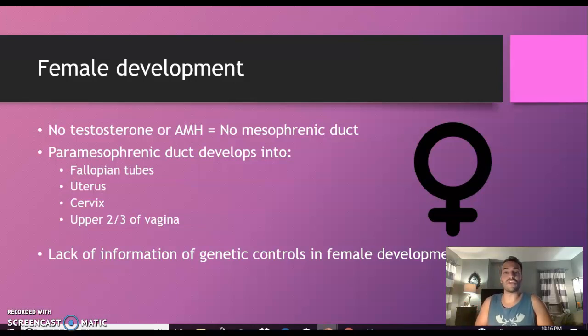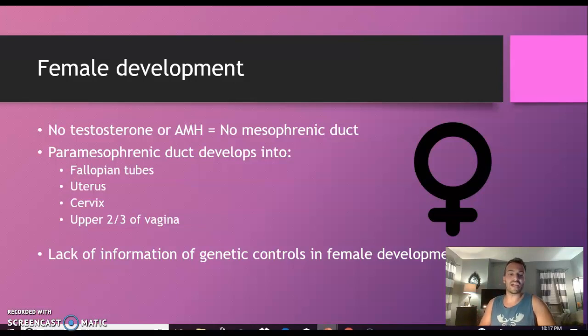If the AMH hormone is not present, then it would not regress the paramesonephric duct, which contains the vital organs for females. And what does the paramesonephric duct give rise to? It gives rise to the fallopian tubes, the uterus, cervix, and upper two-thirds of the vagina. So if there is no hormone inhibiting the development of this duct, then we will have female organs being developed.